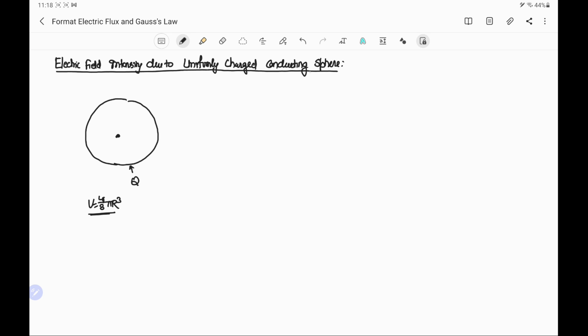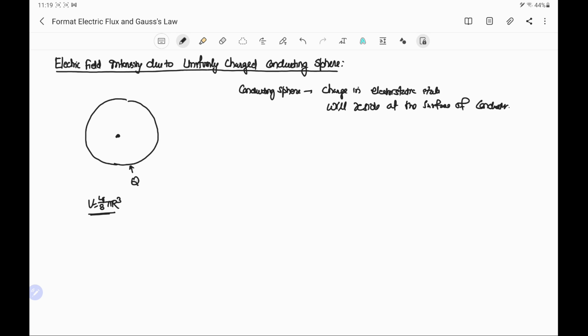Because it is a conducting sphere, we have already mentioned that charge in electrostatic state will reside at the surface of the conductor.